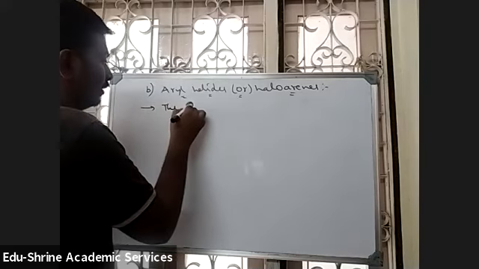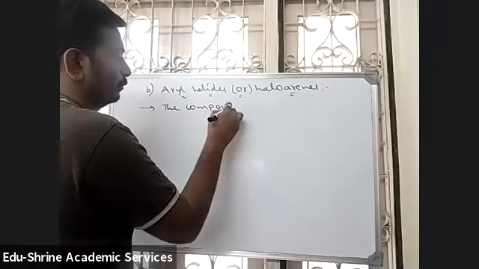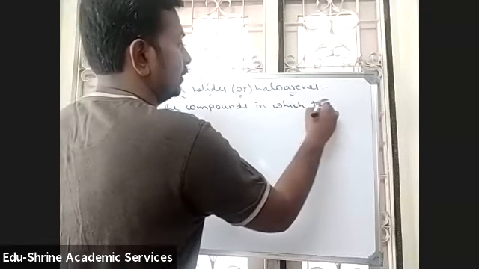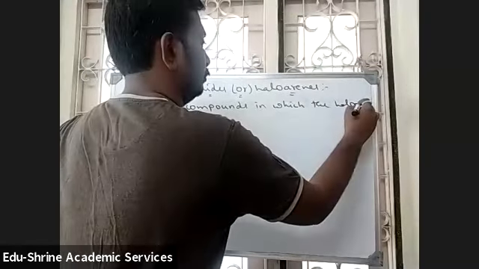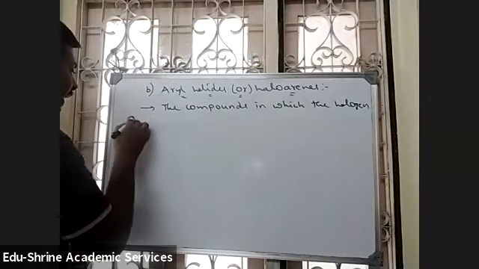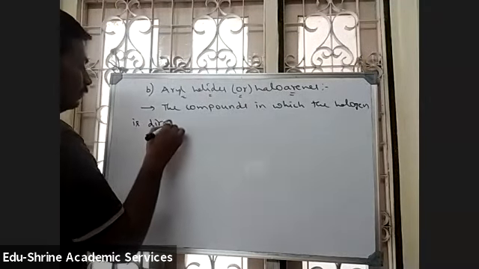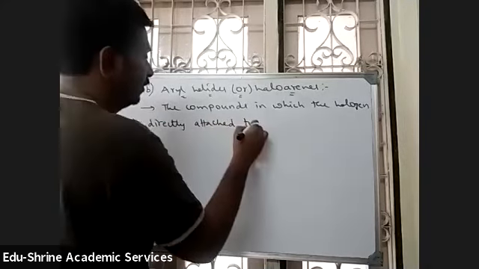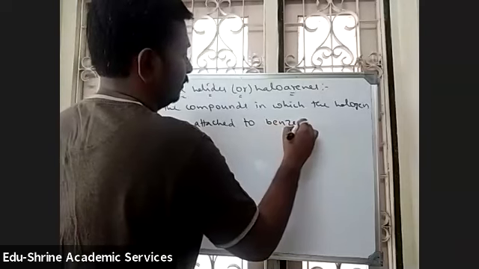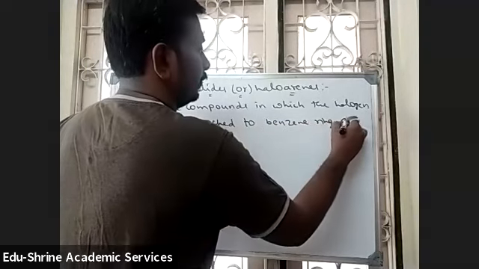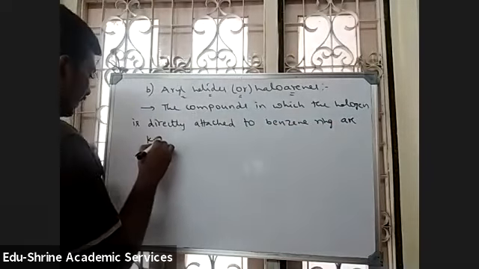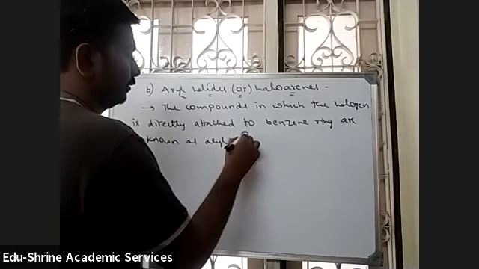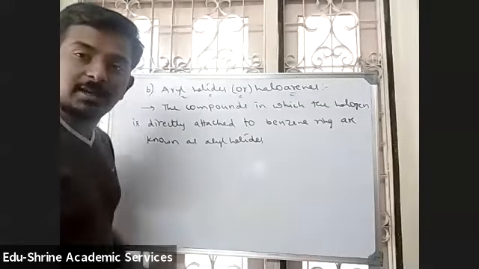They are the compounds in which the halogen is directly bonded to a benzene ring, known as aryl halides.